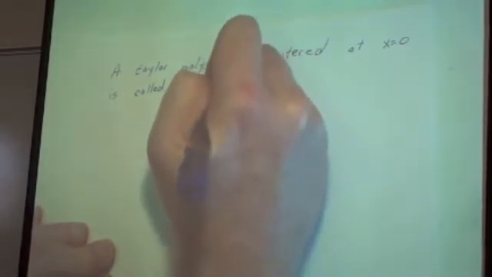If you're saying a Taylor polynomial is centered at a certain value, that just means where they want the best prediction at. So if I say a Taylor polynomial centered at x equals 0 is called a Maclaurin polynomial.